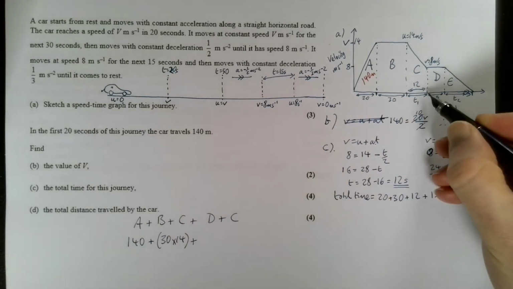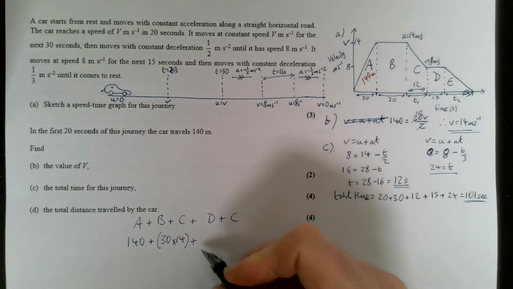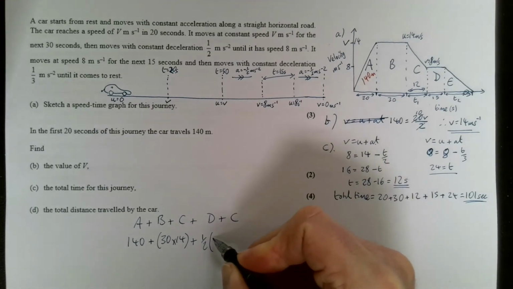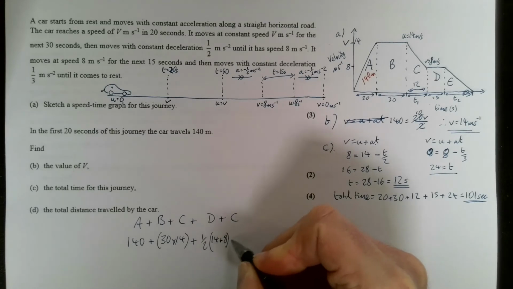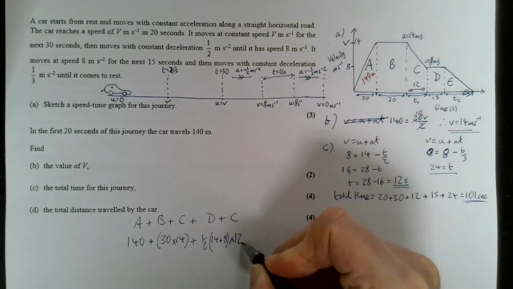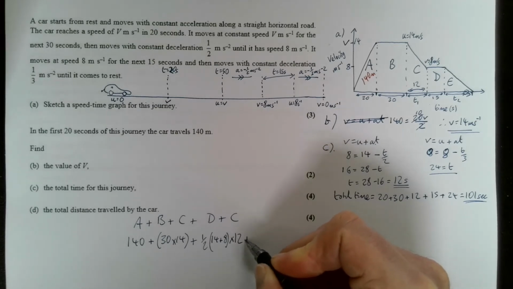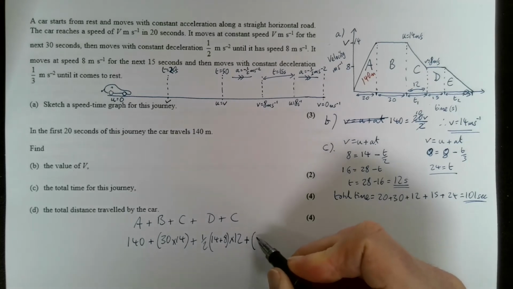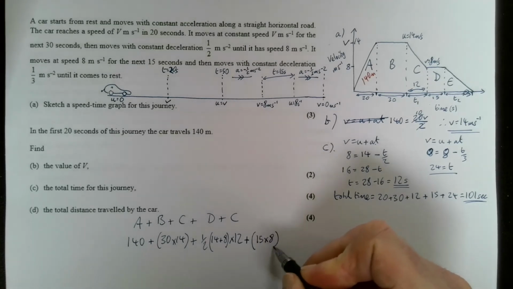and C will be, it's a trapezium, so it's a half. Add the parallel sides of 14 plus 8, multiply that by the perpendicular height, which is 12. Then we've got another rectangle here, so that's 15 times 8.